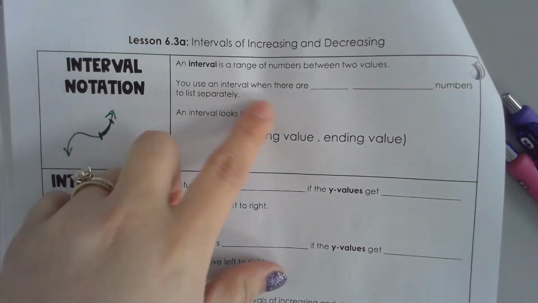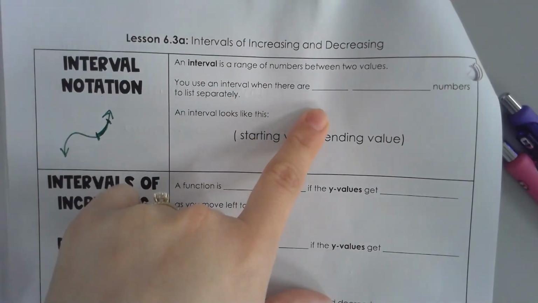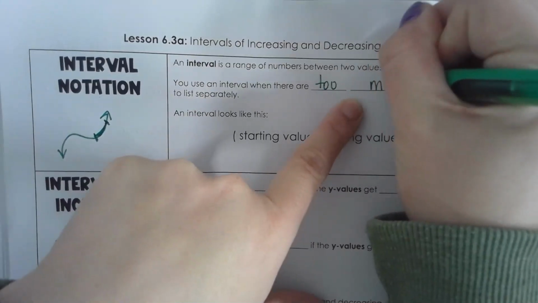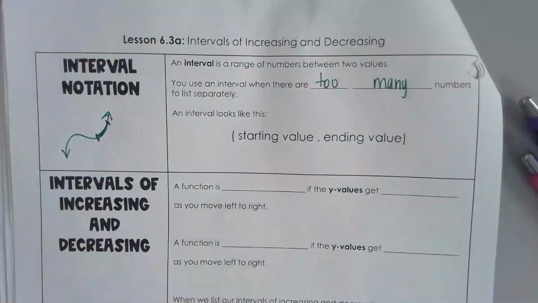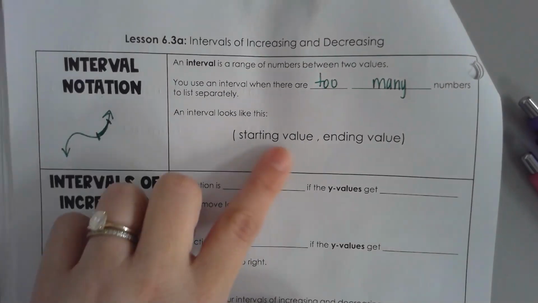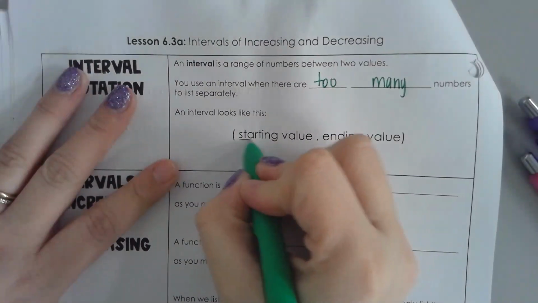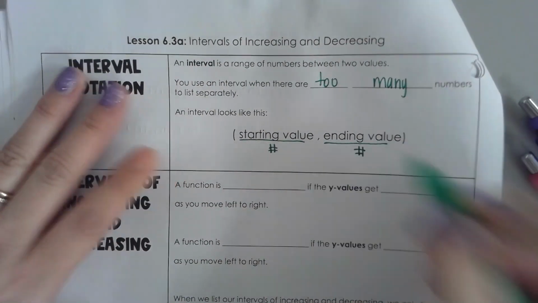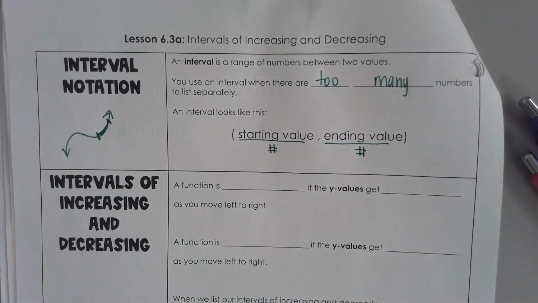You use an interval when there are too many numbers to list separately. So this will be a number, and this will be a number. And we use intervals for lots of things. What we're doing today is just one of the things we use intervals for.